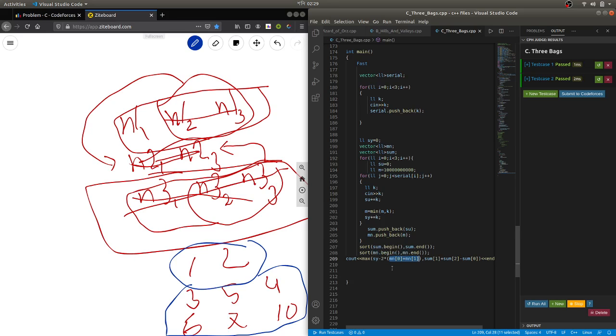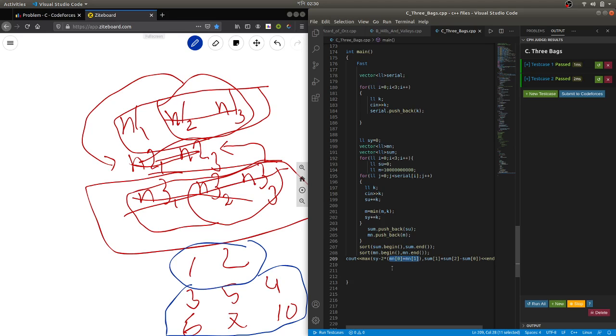I take this twice, because for calculating the sum I added it to sy, so I have to subtract it, and also subtract it from the remaining sum, so I have to do it twice.